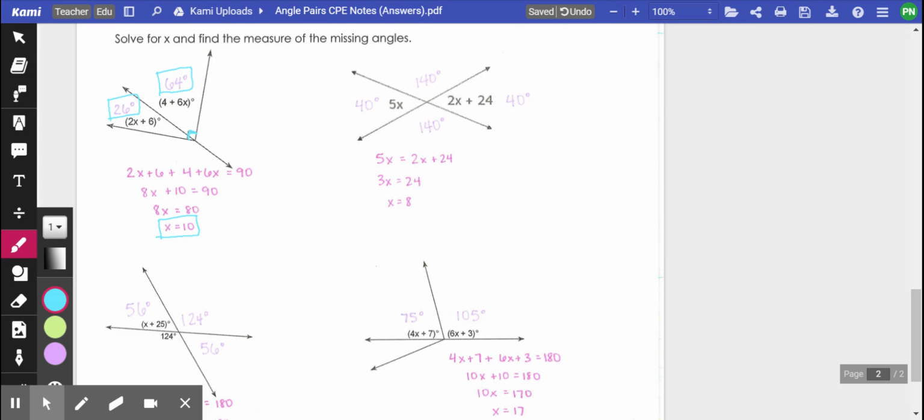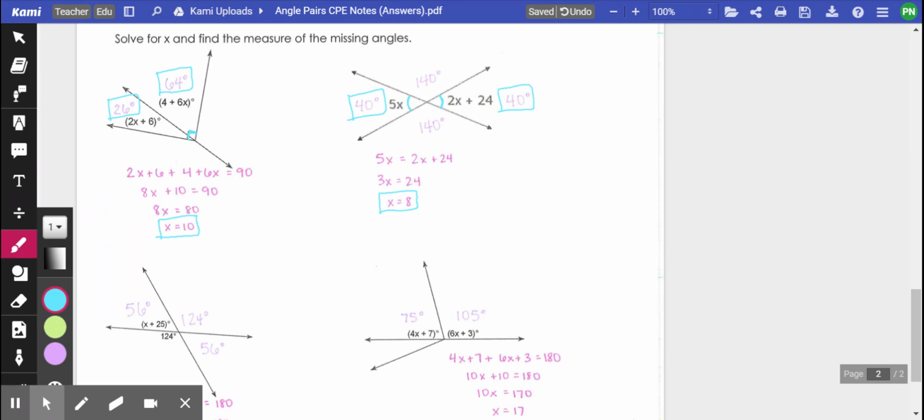For the next one, we had a pair of vertical angles, which means I'm going to set them equal to each other. You end up getting x equals 8 as a result. Plug it back in. You get 40 degrees and 40 degrees. Of course, you know that you did it correctly if you end up getting the same answer, because if they are congruent, their measures are equal to each other.